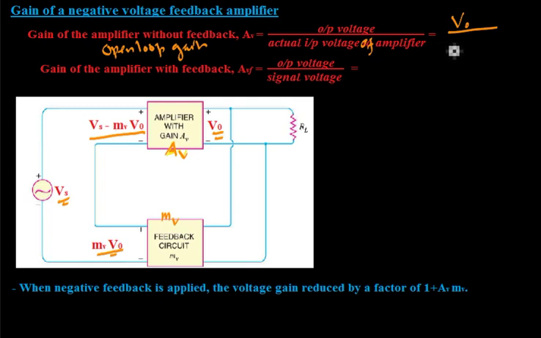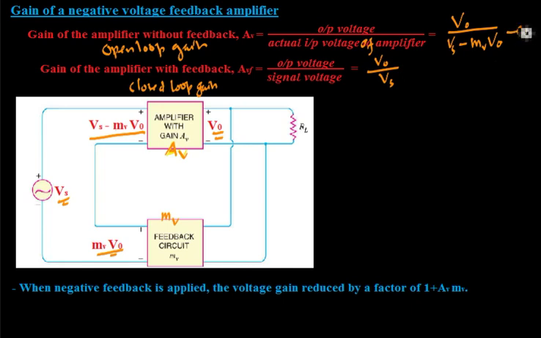Input voltage to the amplifier is Vs minus MV into V0. And the gain of the amplifier with feedback, that is called the closed loop gain. Here I am using the notation AVF to represent the closed loop gain, which is the ratio of the output voltage to the signal voltage. Here the output voltage is V0 divided by the signal voltage Vs.